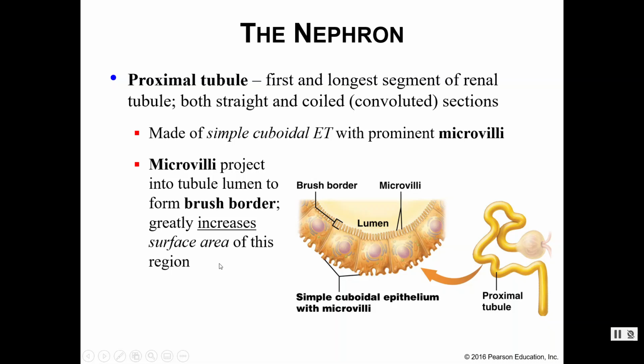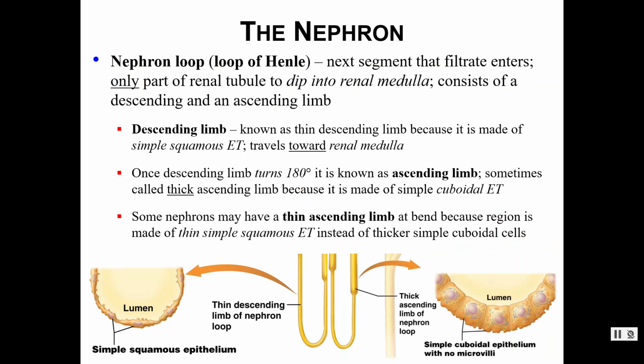All right, so what do we need to increase surface area for? Okay, there is going to be a lot of reabsorption that is going to happen in your proximal tubule. Okay, so we need to increase surface area as much as possible so we can maximize how much reabsorption we can do. Then we are going to move through the nephron loop.